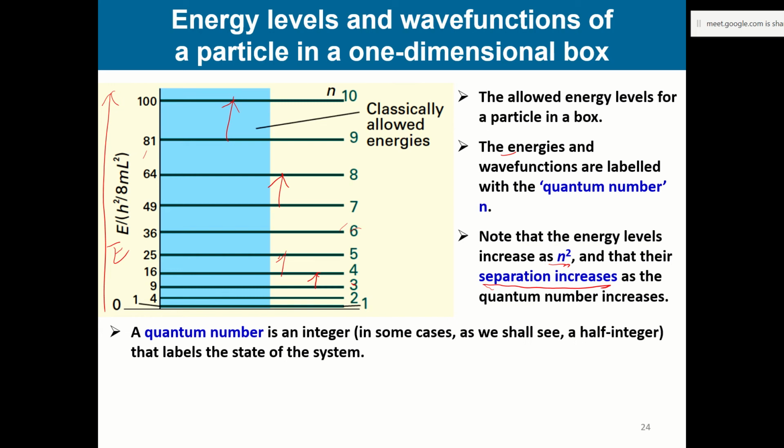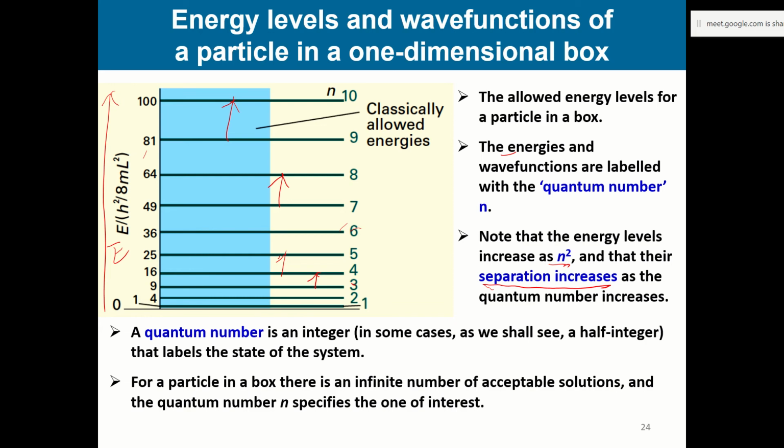So the quantum number is an integer in this case, and in some other cases we will see half integers. That will only be in the spin case, the spin wave function, which we will write later on in the second semester. But so far, most of the time, we are only seeing integer values.